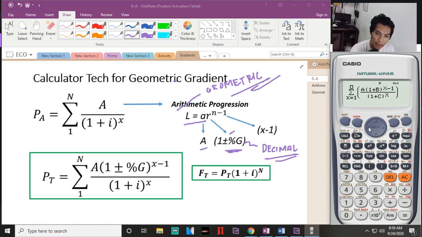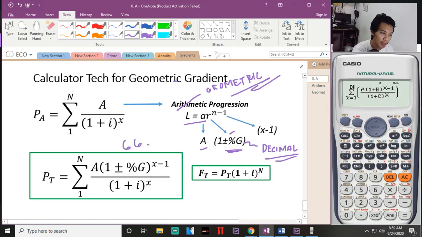First payment, and then alpha e na lang pag or d kapag years. Okay. You follow the format for geometric gradient, GG. Wala na kayo ibang kailangan pang i-memorize dyan.